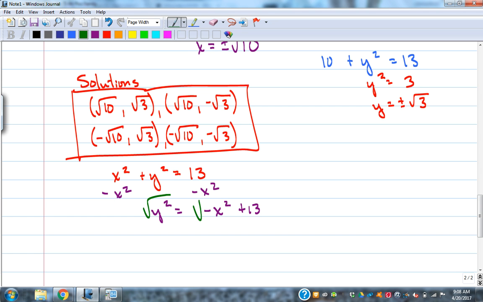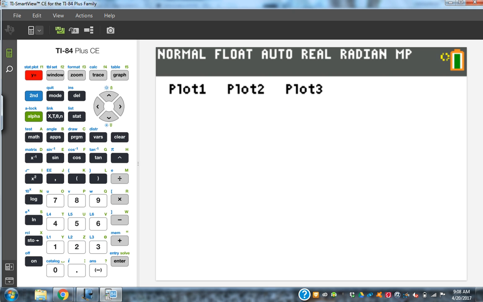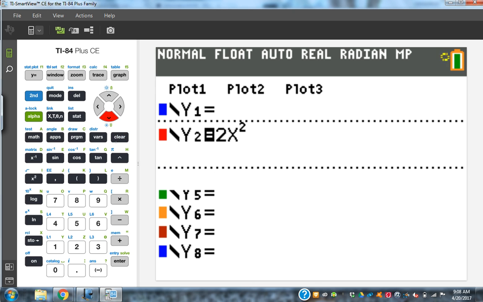I have to take a square root of all that. So that would be y equals plus or minus the square root of negative x squared plus 13. What did Katie tell us this was a picture of? A circle. So when we graph this, we got to have the positive side and the negative side to make the circle. So I'll go ahead and go to the calculator and clear out the first example.